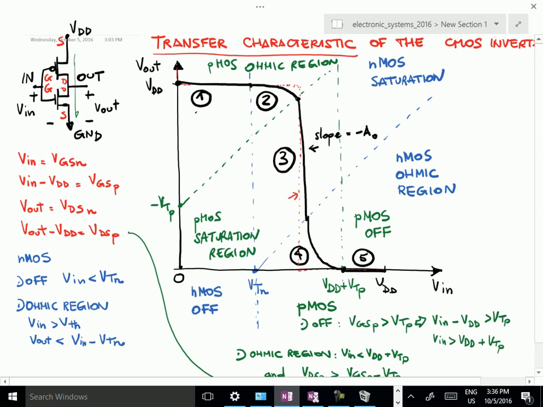So this would be the ideal characteristics. Of course, what we have is not an ideal line, but there are some situations that we would like to achieve.